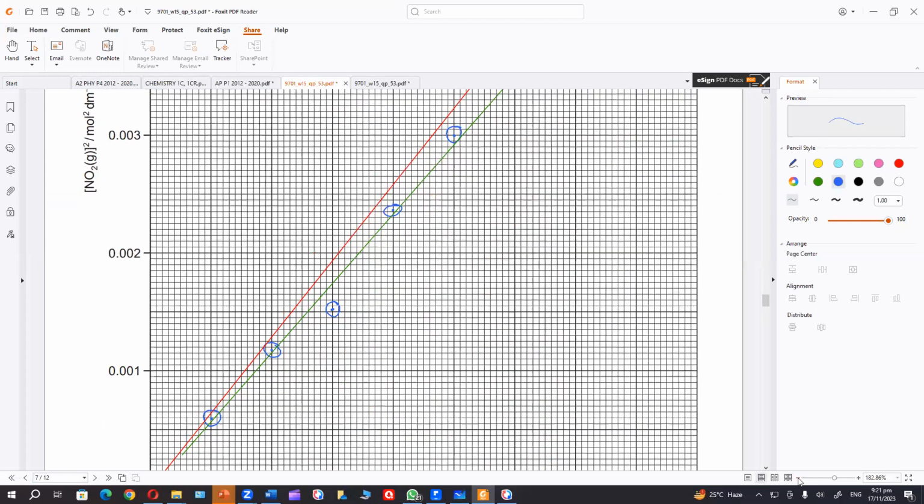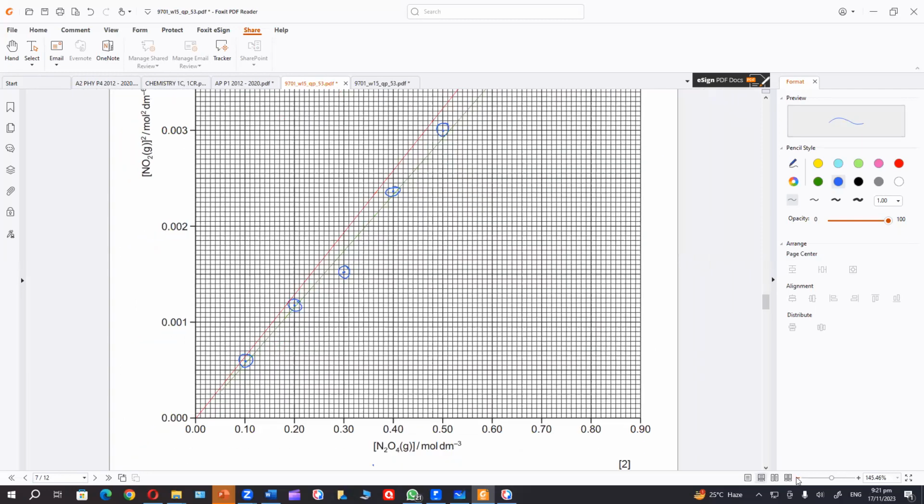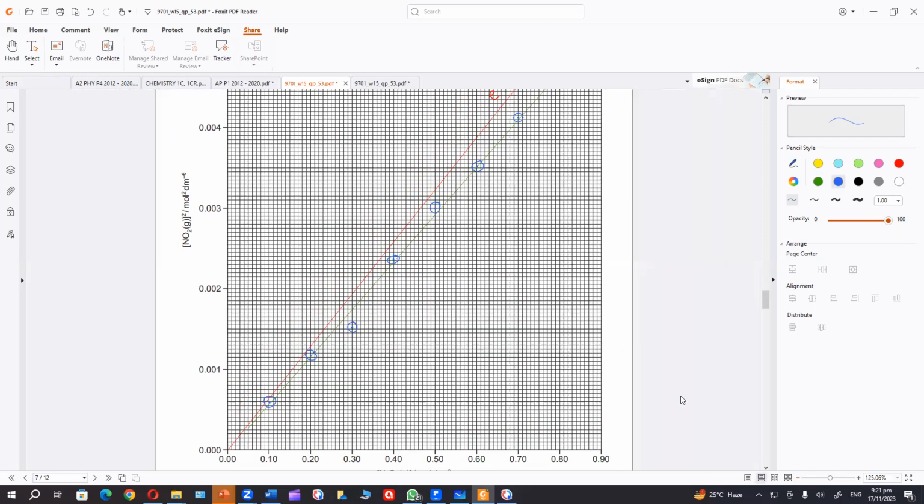Physics says when gradient increases, the graph becomes steeper. So what is the theory? The theory says that when you increase the temperature, equilibrium will shift to the right because it is an endothermic reaction. More product will be formed, Kc will increase. When Kc increases, gradient will increase. When gradient increases, the graph would be steeper. Okay.